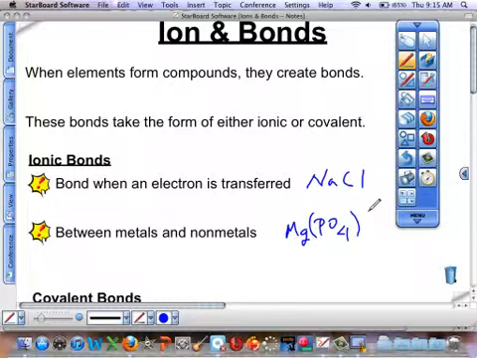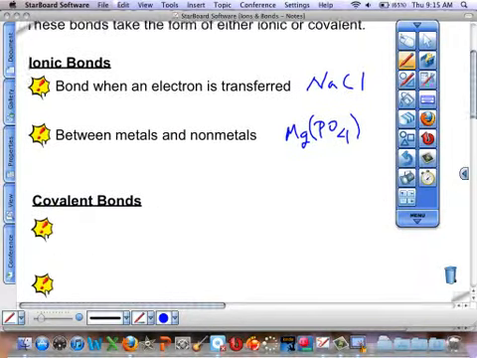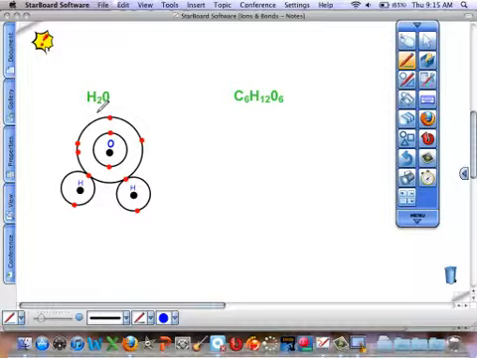Now, what happens when we have things that are non-metals? For example, when we look at things like H2O, definitely not a metal. Hydrogen is not a metal, oxygen is not a metal. And what about the next one there, C6H12O6? That should be ringing a bell in your head that says, hey, I think I know what that is. Good job, DJ. What is it?